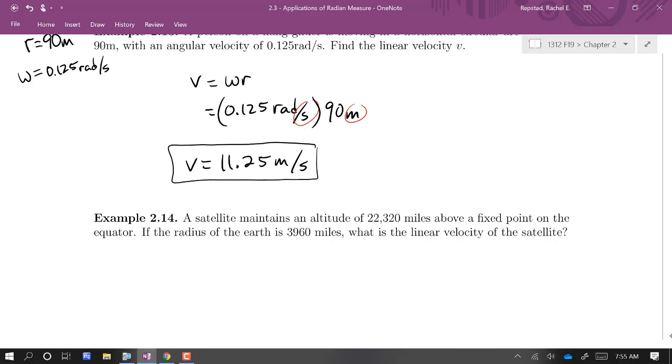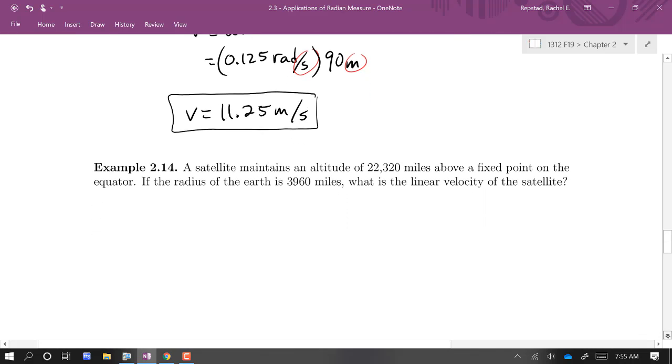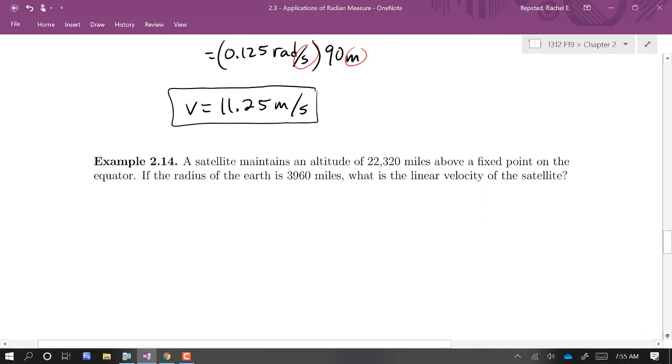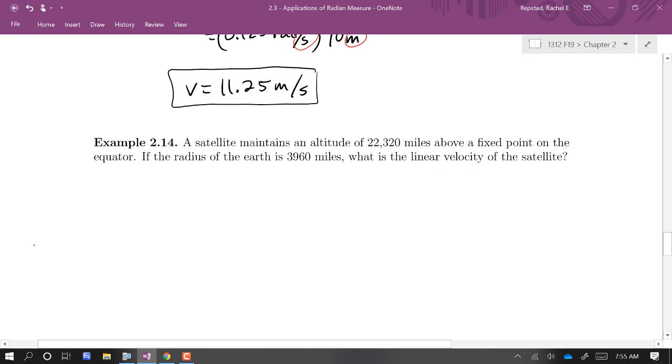Let's try another. In this example, they tell us a satellite maintains an altitude 22,320 miles above a fixed point on the equator. And if the radius of the Earth is 3,960 miles, what's the linear velocity of the satellite? Okay, so here's the Earth.